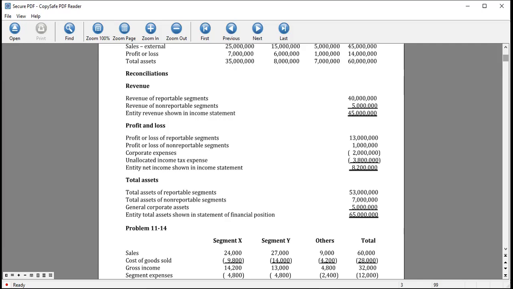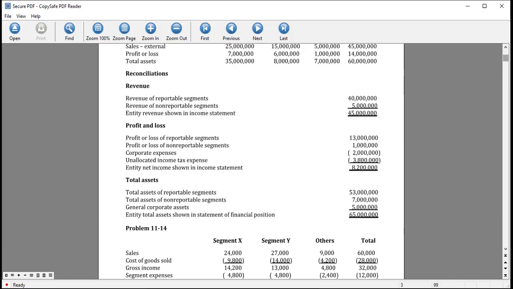So now for column segment A, segment B in revenue, there are two reportable segments and the total assets of 65 million include general corporate assets of 5 million.